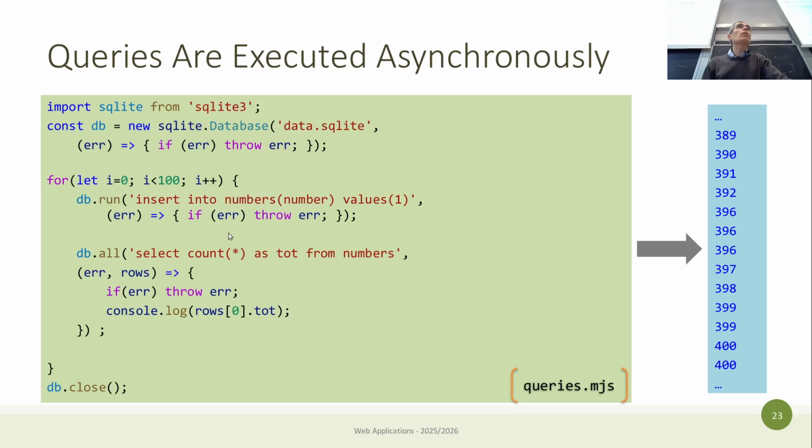Once they are finished, they call our callback, but the order in which they are enqueued in the callback queue is not decided a priori. We don't know before executing the program. Each time we execute the program, the result can be different. Just have a look at this file, queries.mjs, which is exactly what is shown on this slide.